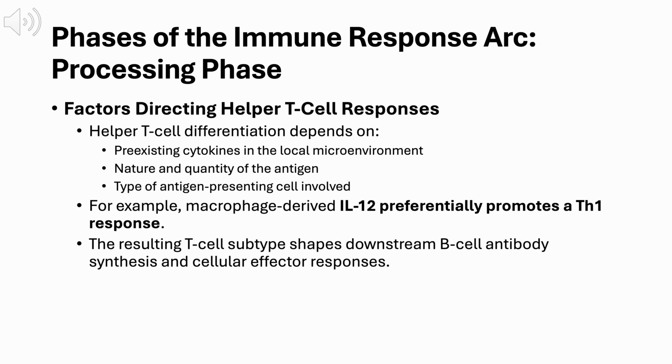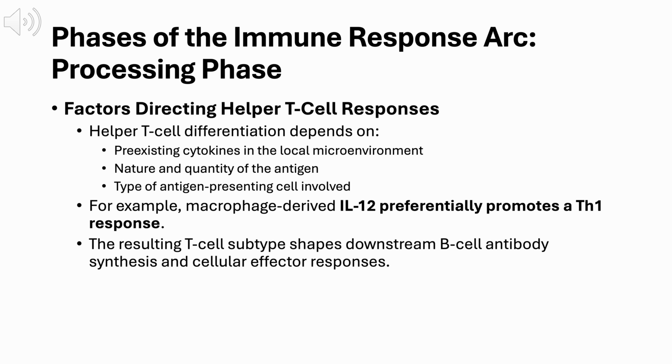A concrete example ties it together. Macrophage-derived IL-12 preferentially promotes a Th1 response, which is exactly why intracellular infections, handled by macrophages, tend to polarize toward Th1, and the consequences ripple outward. The resulting T-cell subtype shapes downstream B-cell antibody synthesis and the cellular effector responses that follow.